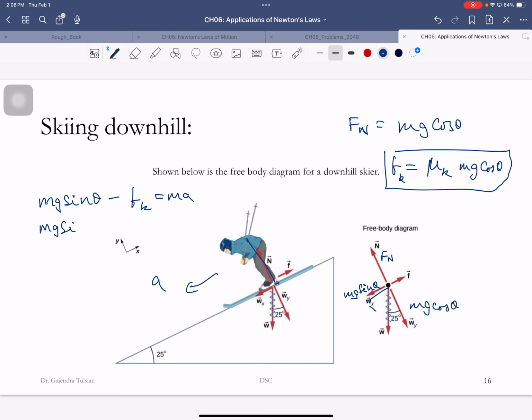So mg sine theta minus mu k times mg cosine theta equals mass times acceleration. You will solve problems like this. The acceleration of the skier down the slope is this force minus that force.